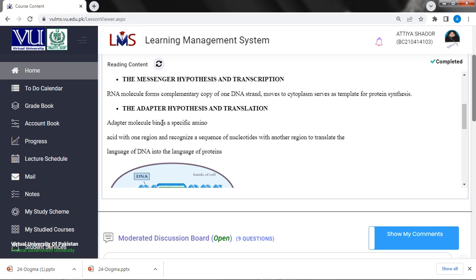The adapter hypothesis and translation: an adapter molecule binds a specific amino acid with one region and recognizes a sequence of nucleotides with another region to translate the language of DNA into the language of proteins.